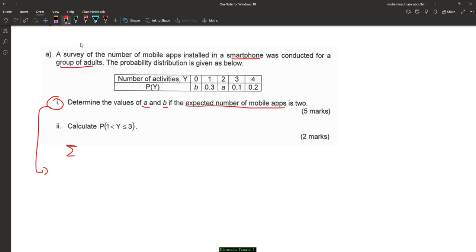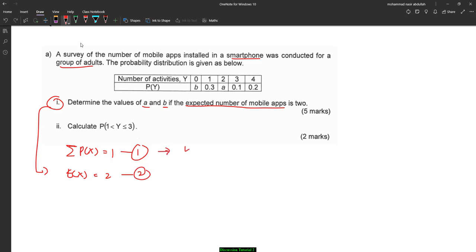If you want to solve for 2 parameters, you need to have 2 equations, right? So probability of x equal to 1, this is the first information that we're going to use. The expected value of x equal to 2, this is the second information that we want to use.